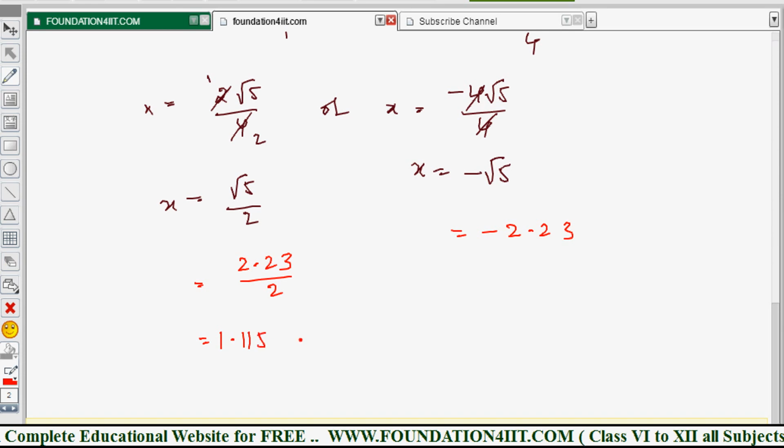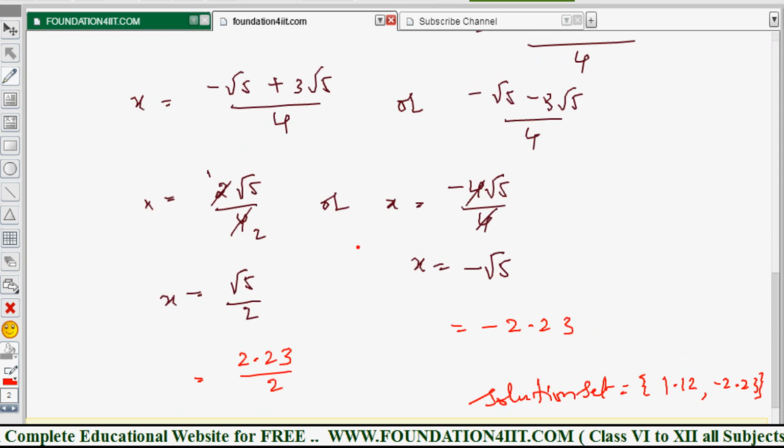Up to 2 decimal places, 1.12, because the third decimal is 5 or more, add to the previous number. So therefore the solution set is 1.12 comma minus 2.23. Now this is the solution set.